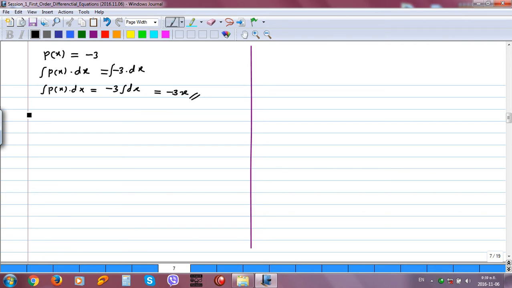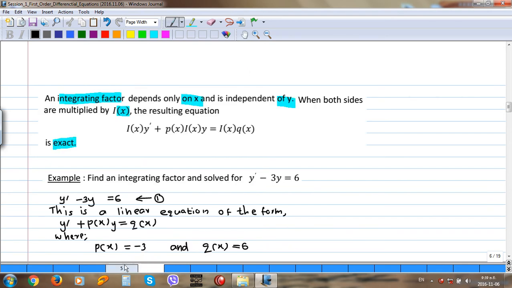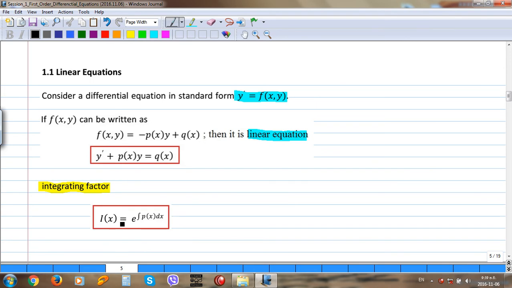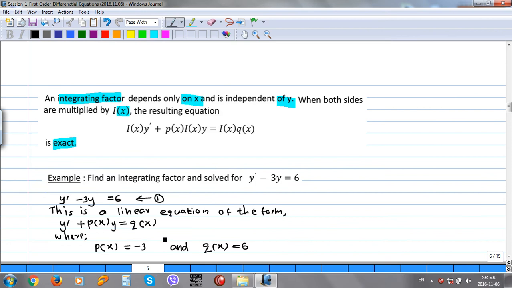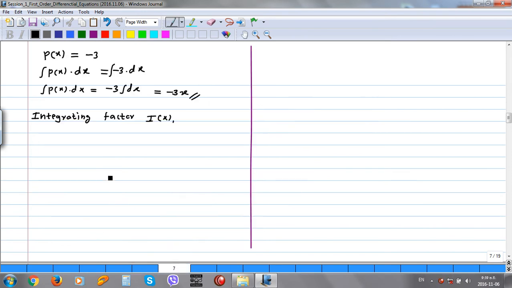So then we can write the integrating factor. How can we write the I of x?